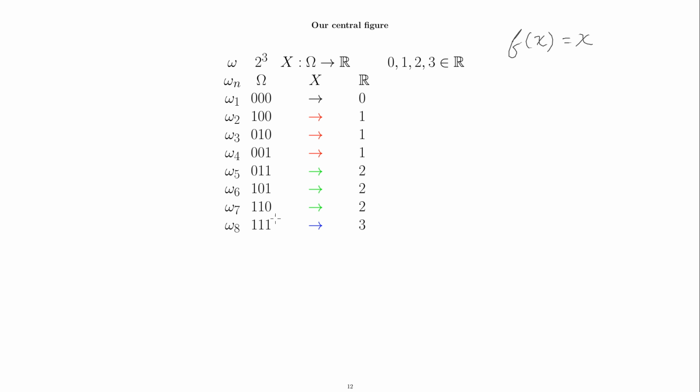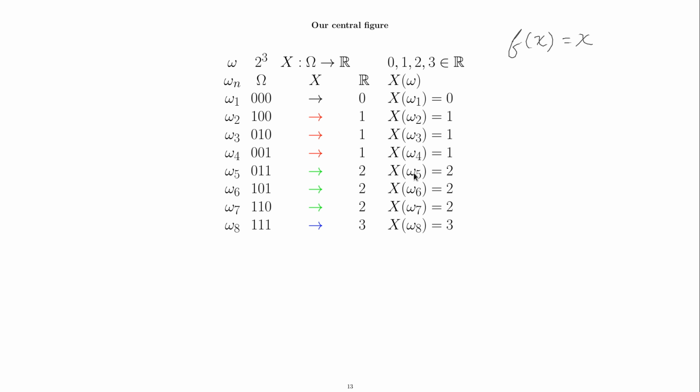Little omega 8 represents all of these 1s, the 3 heads case. And so here now is the function that X is of omega. So X takes an elementary event and maps it to a real number. So in this case, we have X of omega 1 equals 0, X of omega 2 is 1, X of omega 3 is 1, X of omega 4 is 1, etc., all the way down to X of omega 8 equals 3.